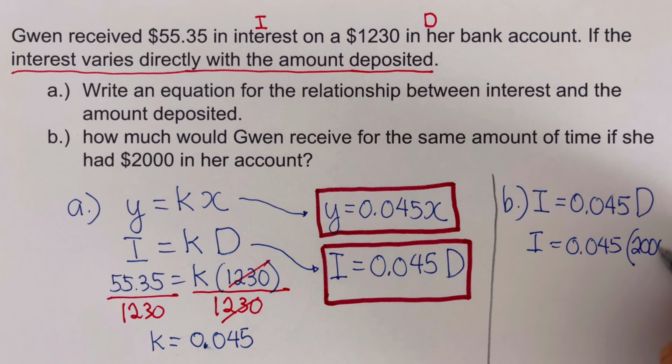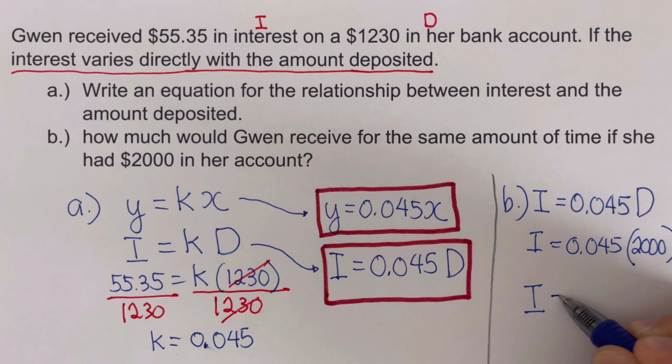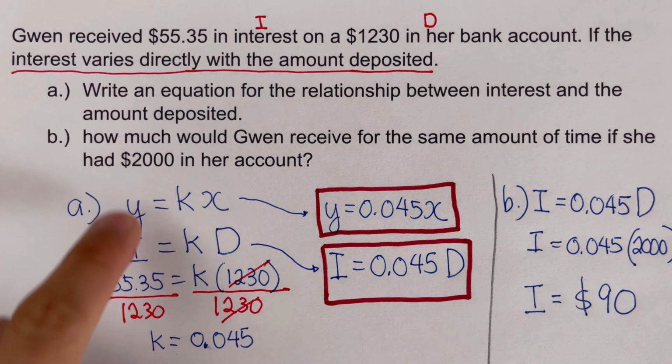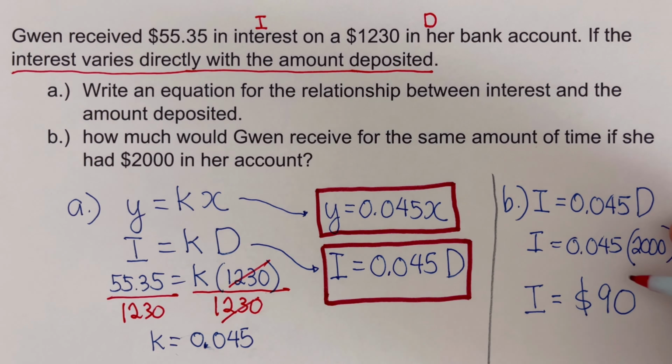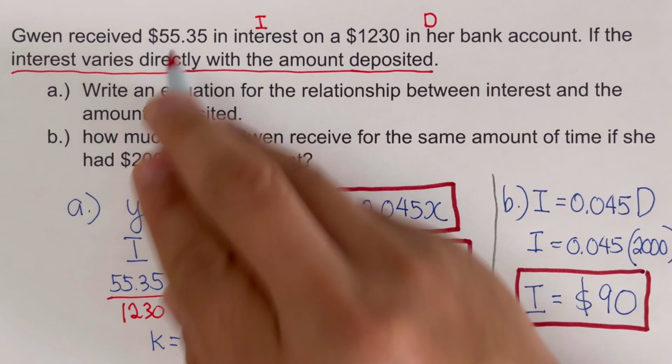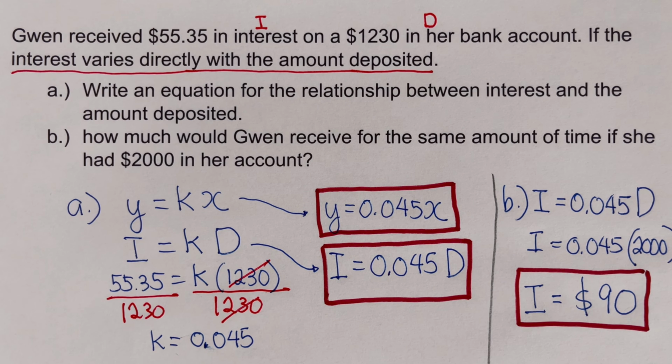So I write 2,000 right there. And so using the calculator, multiplying those two, this gives us $90. So the interest that she would have gotten if she had deposited $2,000 instead of $1,230 would be $90 instead of $55.35. Did you get the same answers as this?